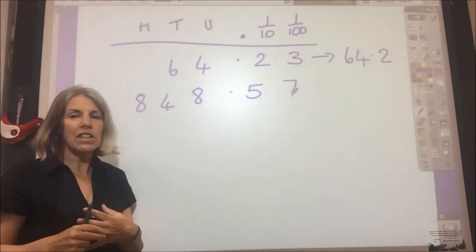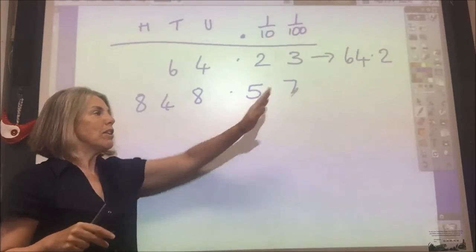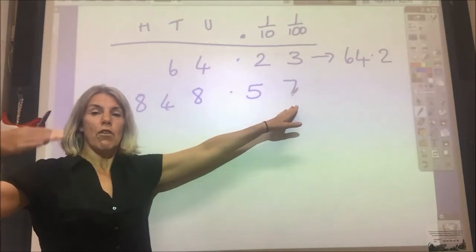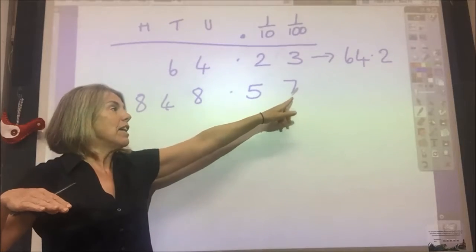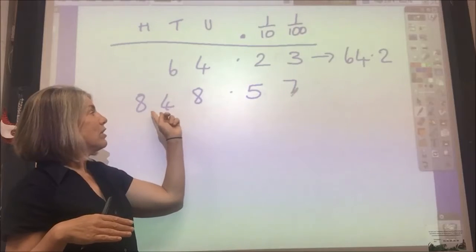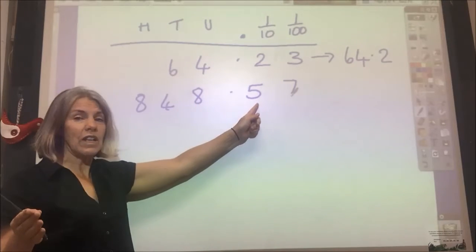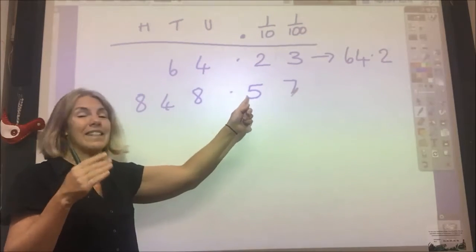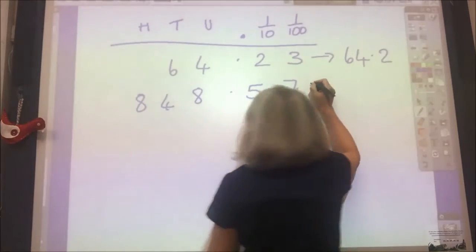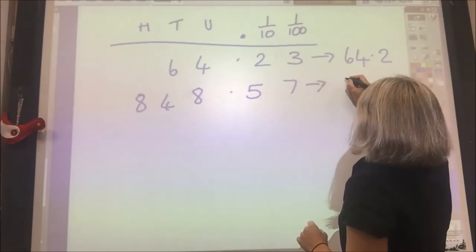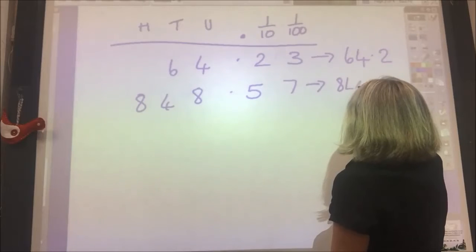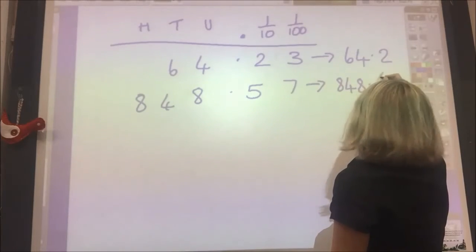If we're rounding to the nearest tenth, then we need to be looking at the hundredths column. 5 or above, moving up, 4 or below, sticking. Because it's a 7, we're going to move on up. We're saying, is this closer to £848.50 or £848.60? Because of the 7, we're going to go up to the 6. So 848.57 rounds to the nearest tenth to 848.6.